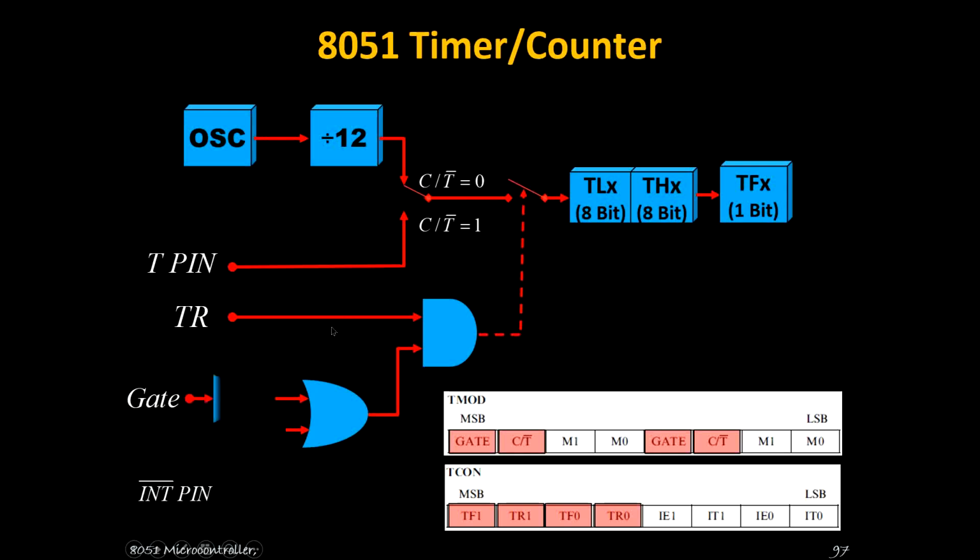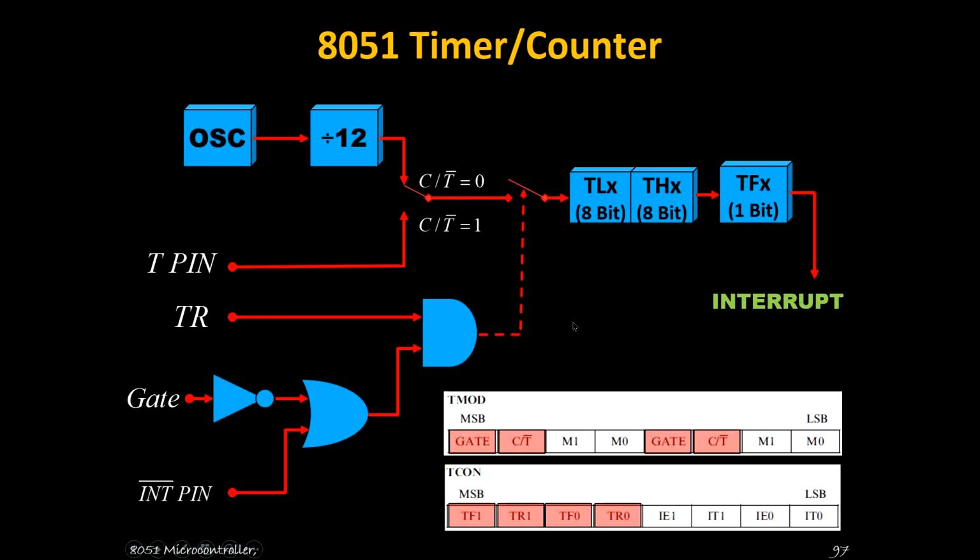And the interrupt pin is used to stop the timer. So that is the whole process of the timer or counter internal structure of your 8051. This is how the operation happens with respect to your timer mode register.